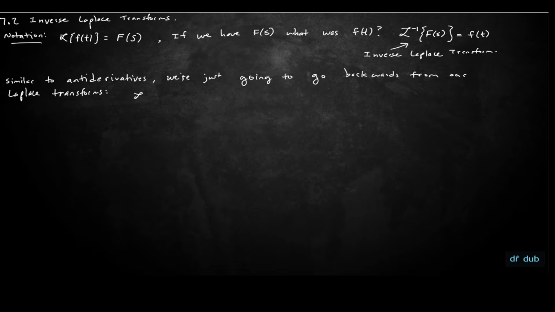So inverse Laplace of 1 over s will be equal to 1. Inverse Laplace of 1 over s squared would be t, because Laplace of t would be 1 factorial over s to the 1 plus 1. So for example, those are how we're going to use that.